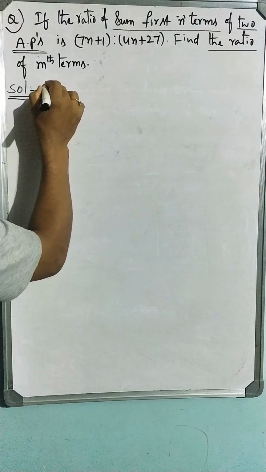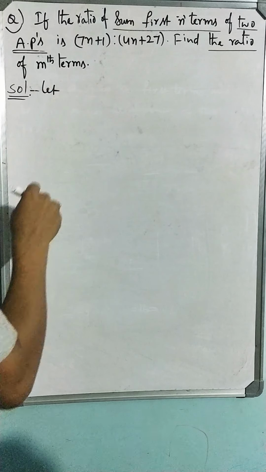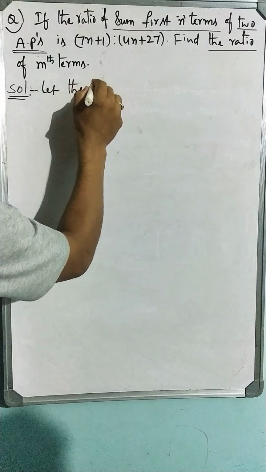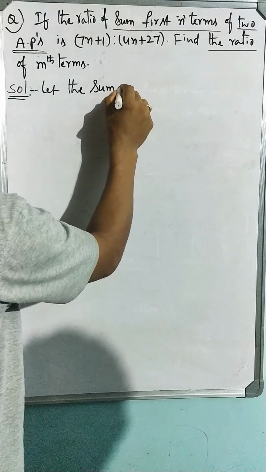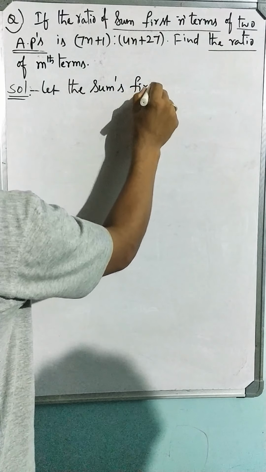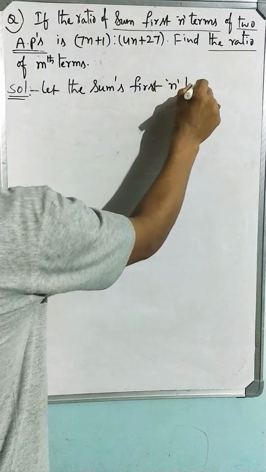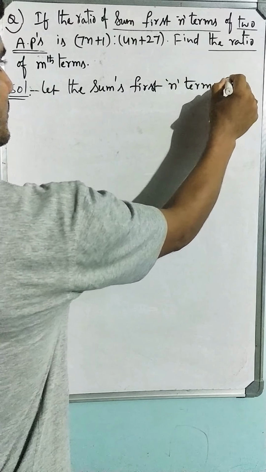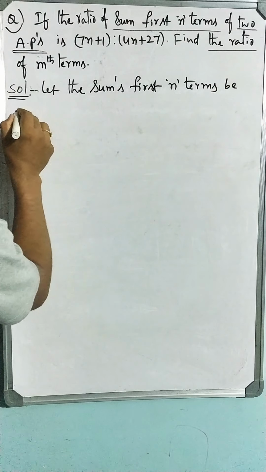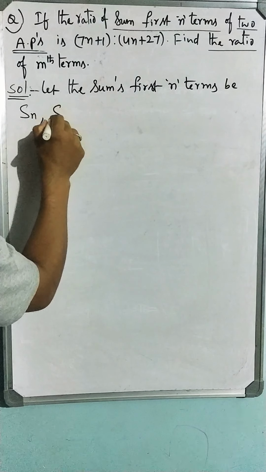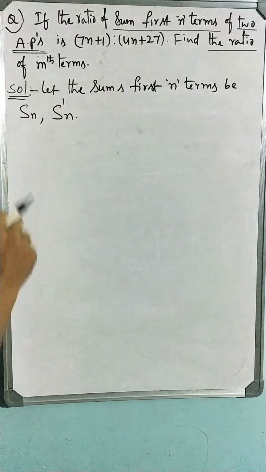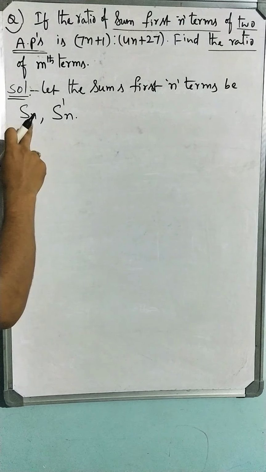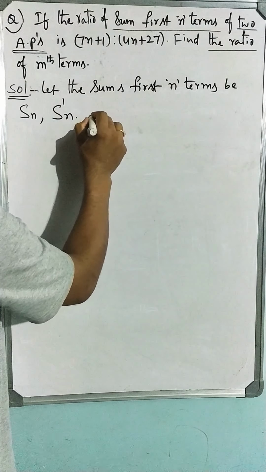So let Sn and S dash n be the sums of first n terms of the first AP and second AP.